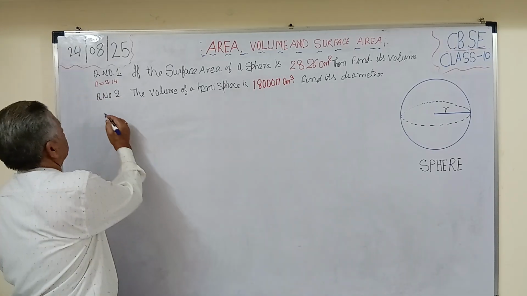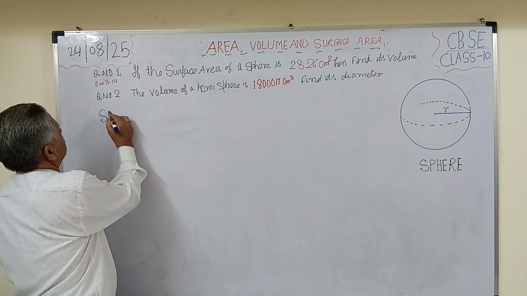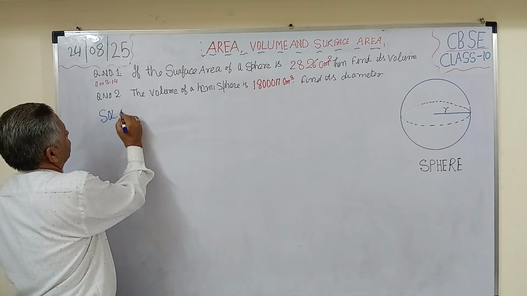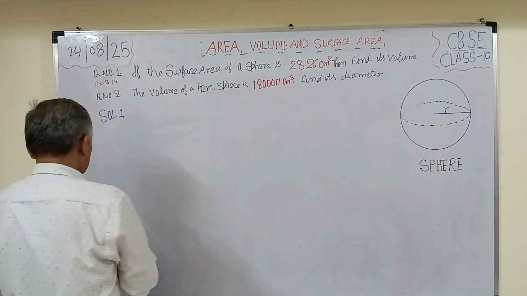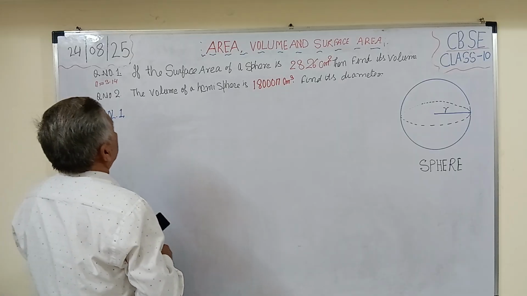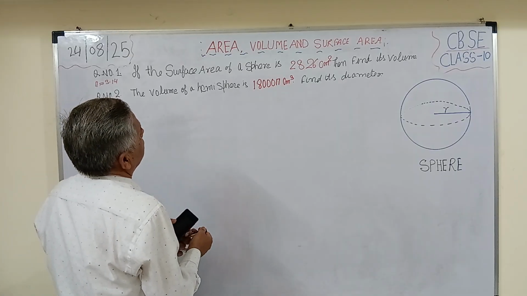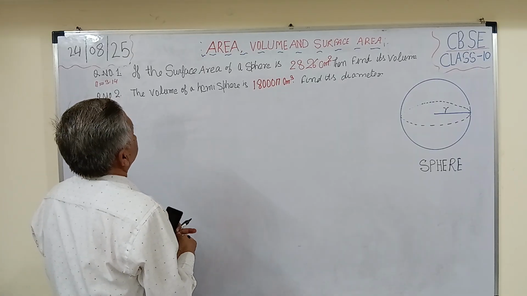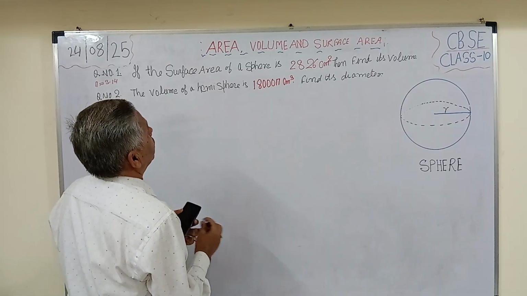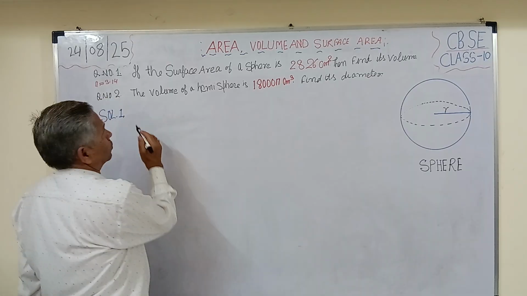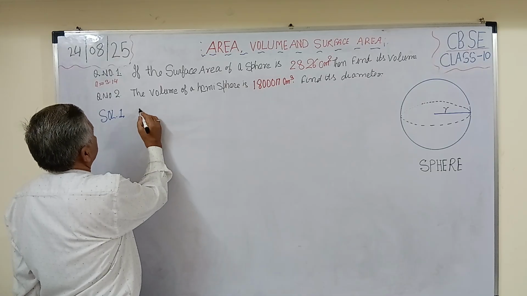Solution for question number 1. In this we have been given the surface area of a sphere and we have to find out the volume.